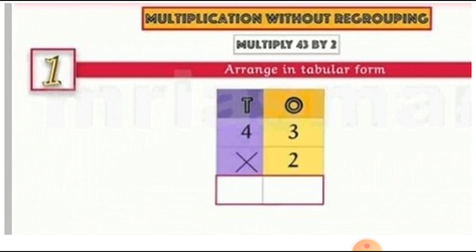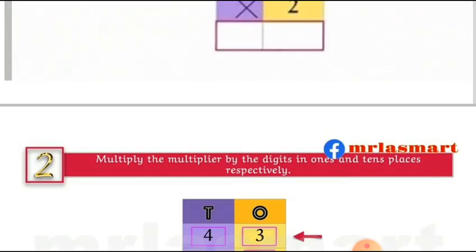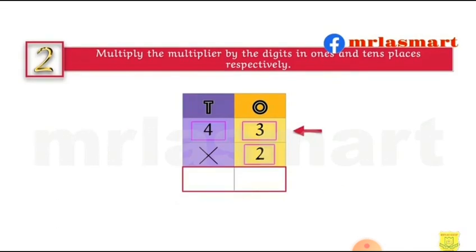Okay, children. After arranging it in tabular form, you have to multiply the multiplier by the digits in the ones and tens places respectively. Here the multiplier is 2 and the multiplicand is 4 and 3, isn't it?